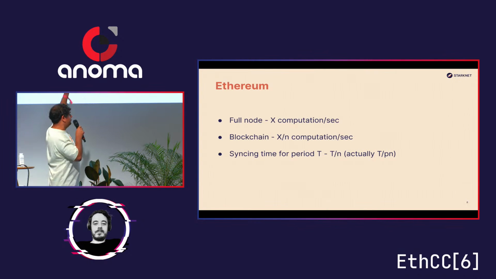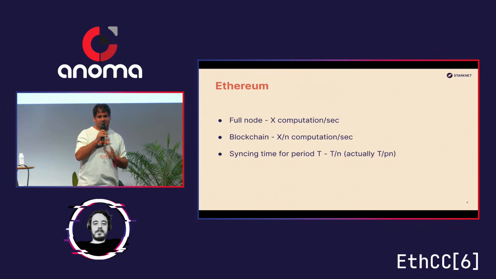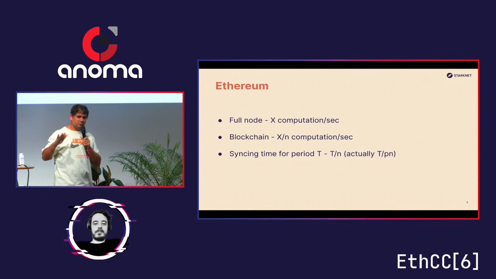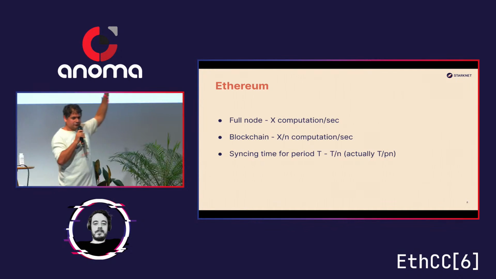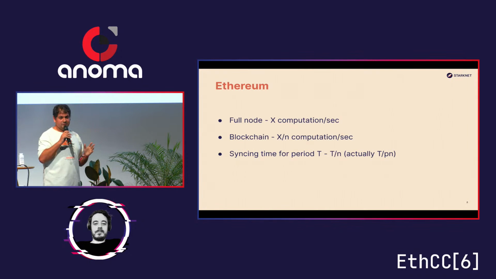If you want nodes to be able to synchronize in a reasonable time, you're going to have to apply a factor. So if your full node is able to do X computation steps per second, then you will have your blockchain running at a speed that is some fraction of X. And this will affect the syncing time, right?